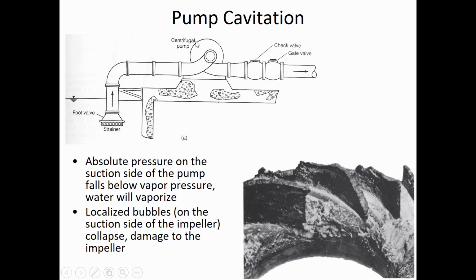But then suddenly you have a pump adding a lot of energy in the form of an increase in pressure, and so that rapid change from low pressure to high pressure can cause cavitation, depending on how long this suction side length is and the elevation difference between the reservoir's water surface and the physical location of the pump. So there are factors we can control and keep an eye on to prevent cavitation, but when it occurs, it causes quite a lot of damage to pumps.